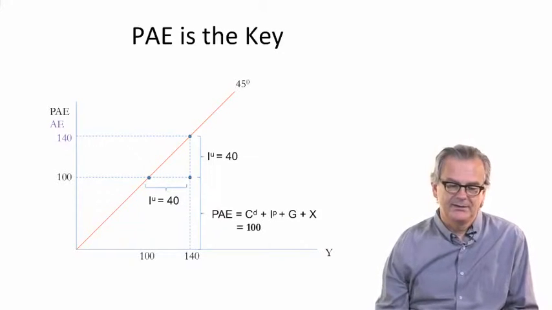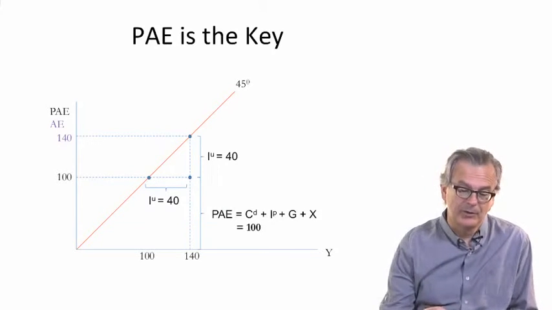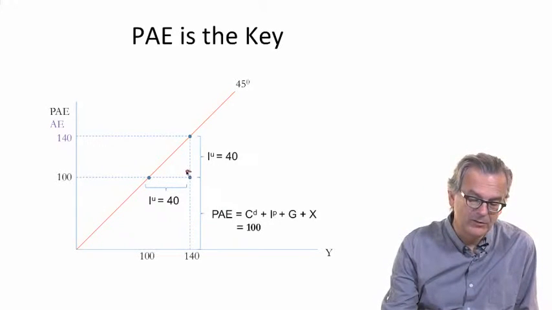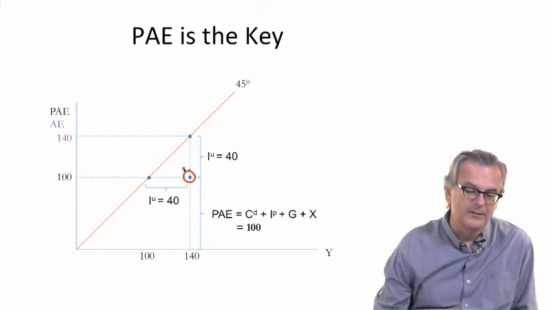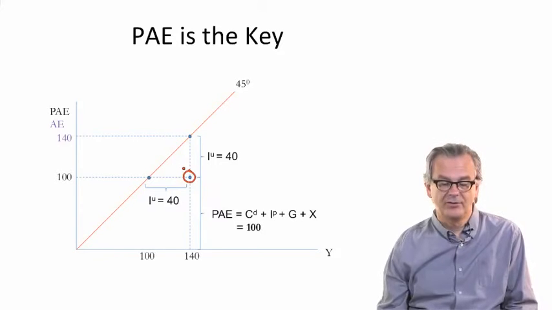What you're looking at in this slide is a representation of an economy in disequilibrium. And what I'm referring to is this point here, a point not on the 45-degree line.